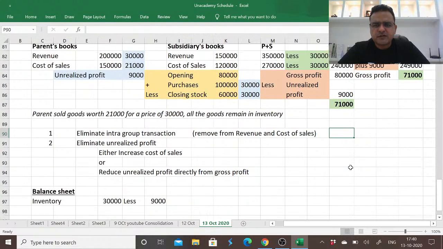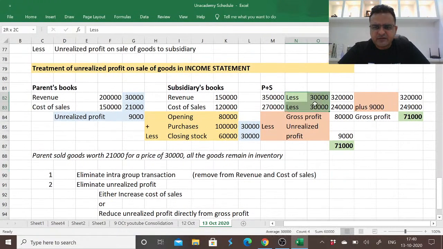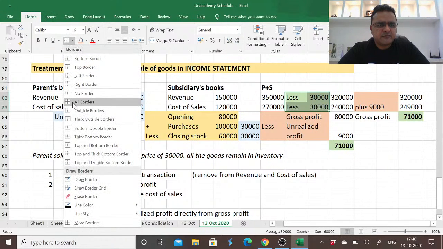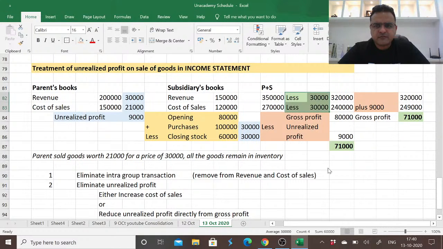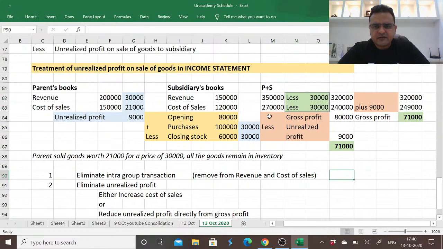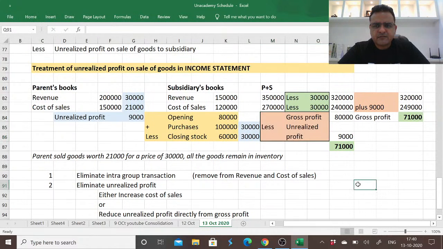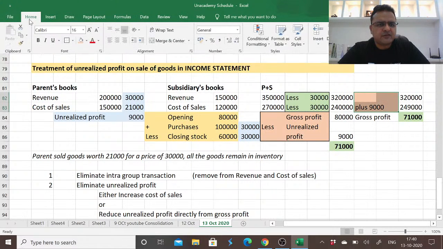So we have to do two things. One is to eliminate the intra-group transaction. This green is elimination of the intra-group transaction. And this is elimination of unrealized profit. One method. The second method is increasing the cost of sales.